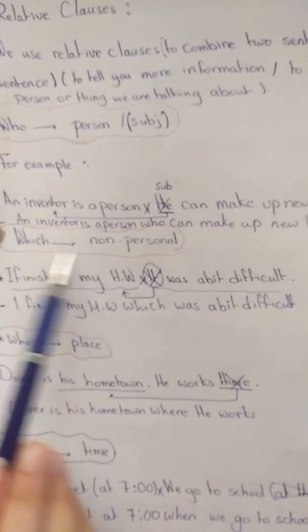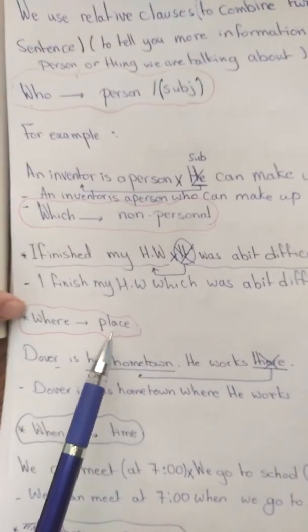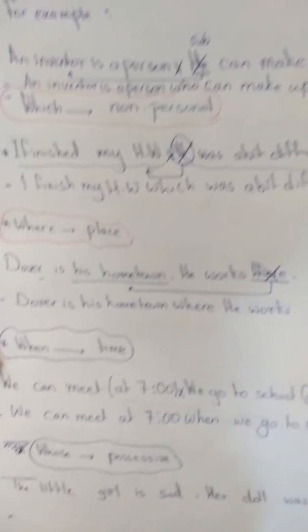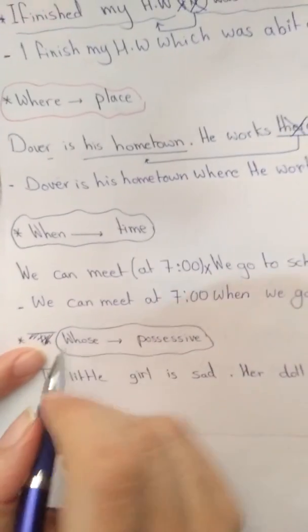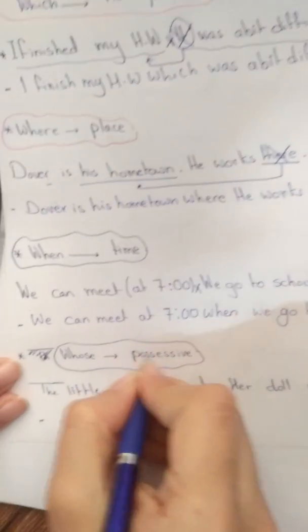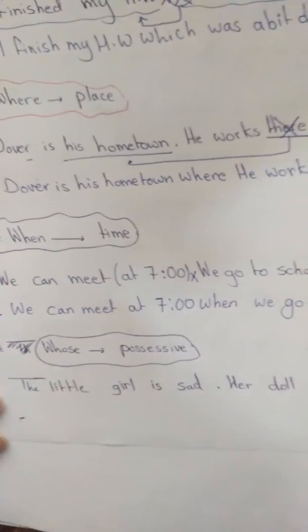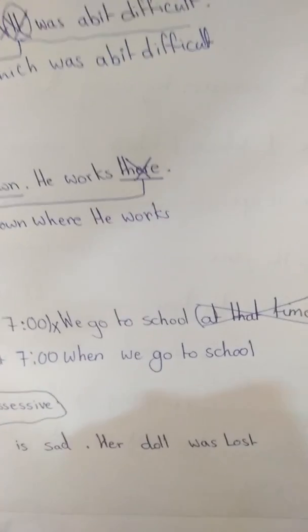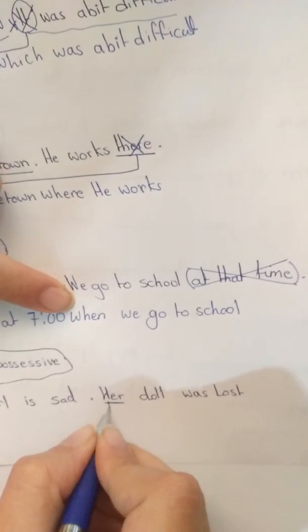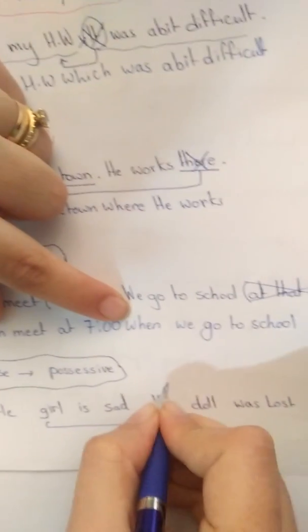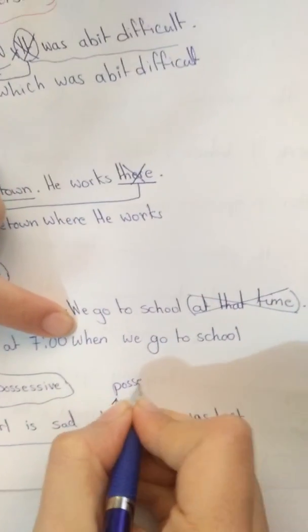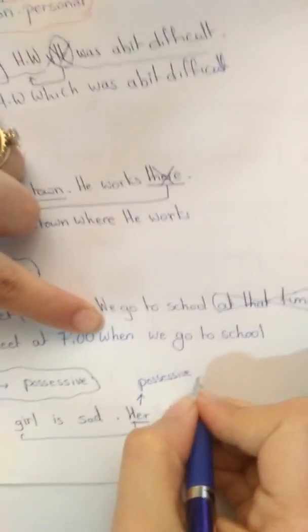So, the first relative clause is who, which refers to the person; which refers to non-person; where refers to place; when refers to time. Whose: we use it with a possessive. How can we use it? The little girl is sad. Her doll was lost. Her refers to the little girl, and her is a possessive pronoun.